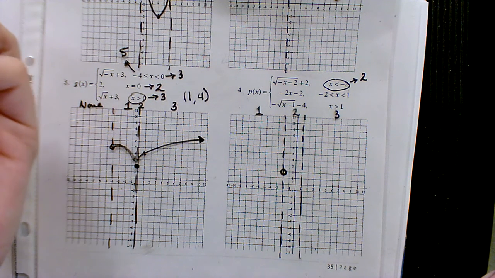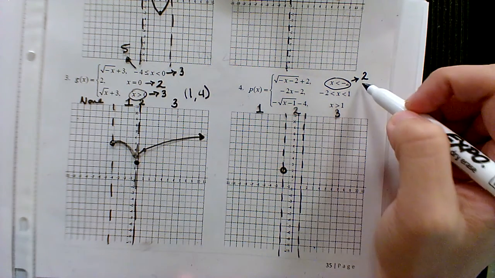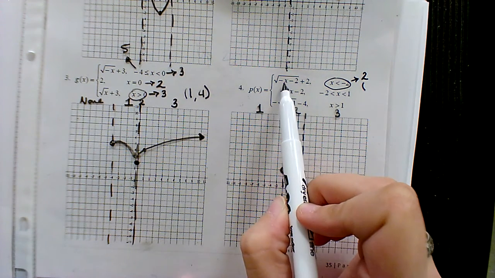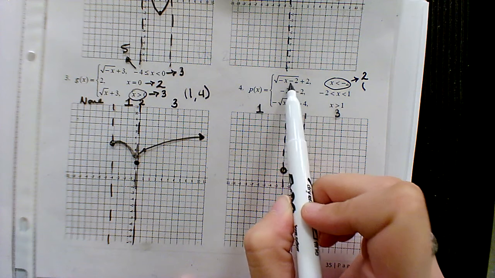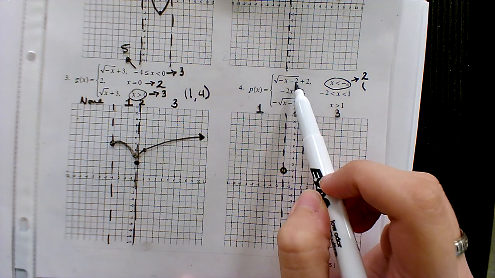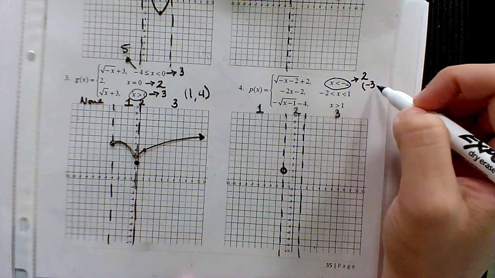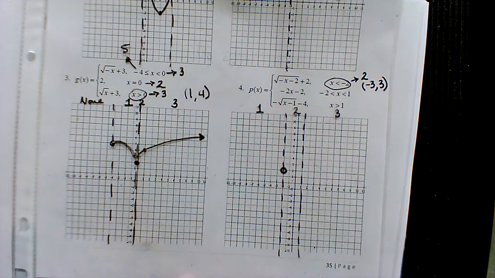What do you want to try? -3? Okay, let's check out -3. -3 would become +3. -2 is 1. This one's going to work out nice. The square root of 1 is 1. Plus 2 is 3. So we plug in -3, we get out +3.